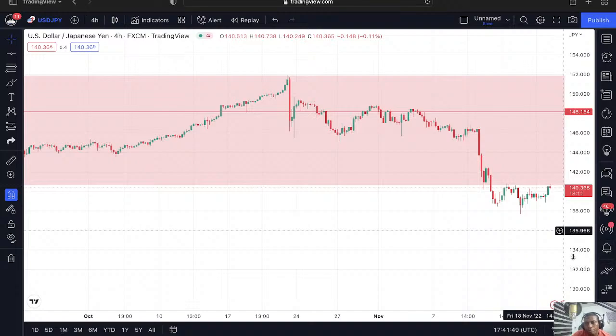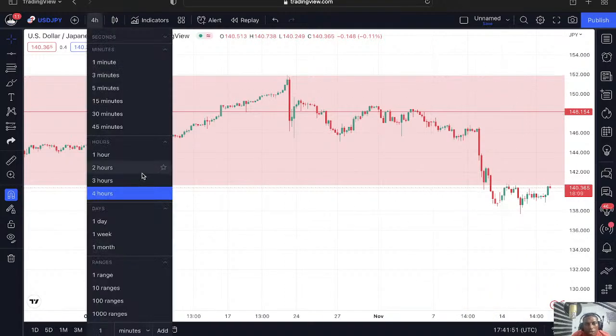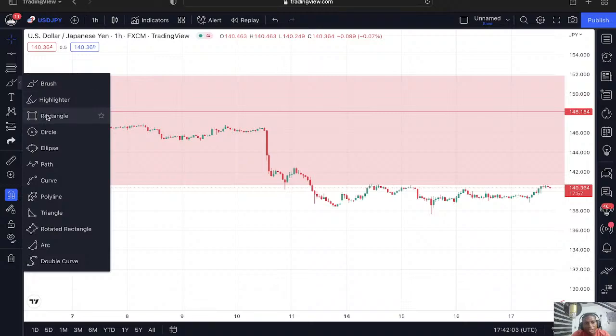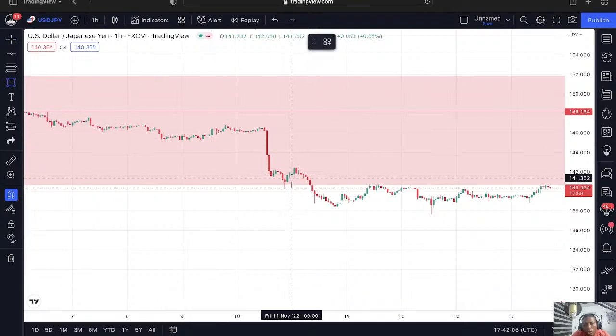Awesome. So here now, let's look at the 1 hour time frame. Good. Now, there is something I want you to observe about this. The 1 hour time frame is showing us what?